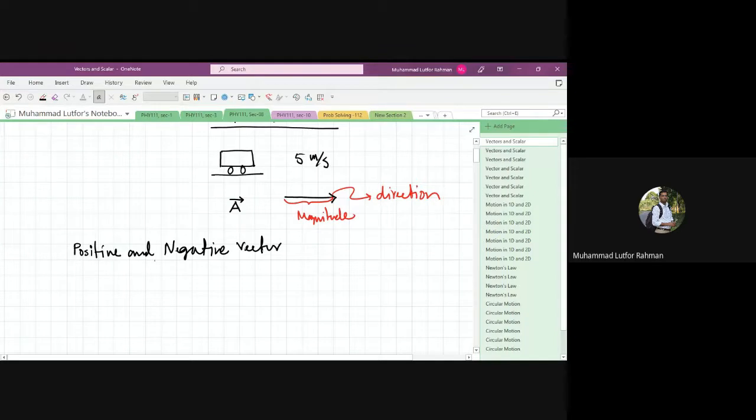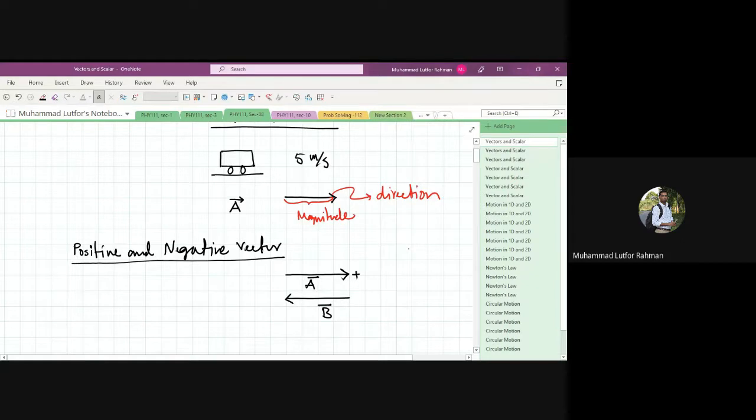Say a positive vector will be a vector in any direction which you are considering the positive direction. Say this is the vector A, and towards the right you are saying is your positive direction. That vector will be positive. If any vector is towards the opposite direction, that vector will be negative, right?